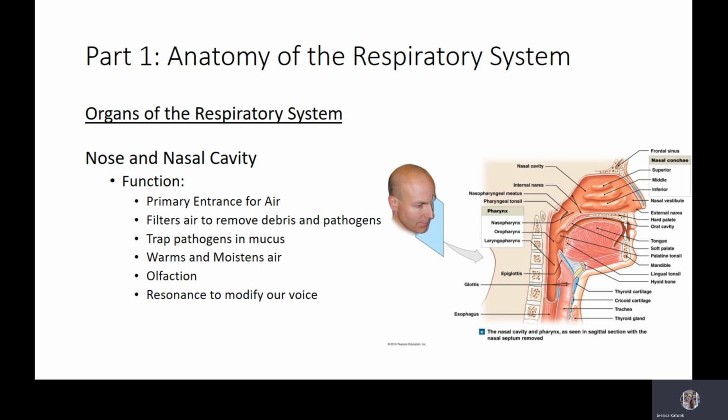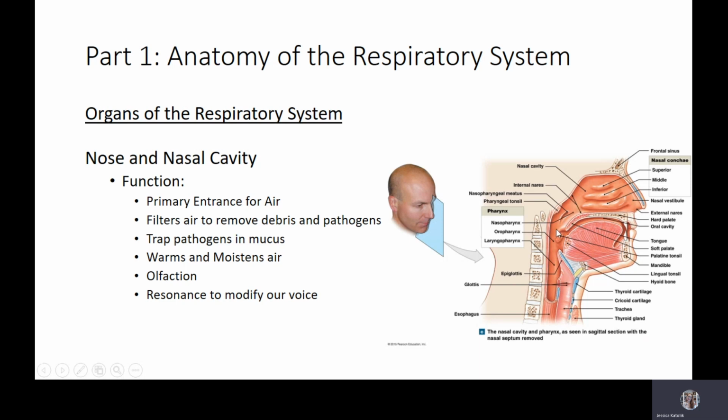We're going to look at the nose and the nasal cavity, but before we go into the functions, I do want to look at this diagram and orient ourselves so that we know what we're looking at. What we're doing here is taking a mid-sagittal cross-section of the head, and we are revealing the nasal cavity and the oral cavity, which is the mouth. You can see here's the tongue, the teeth, the hard palate, and the soft palate.